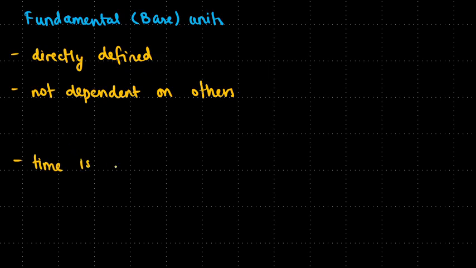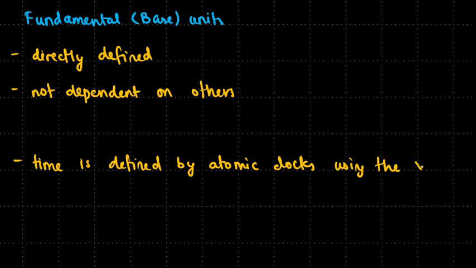The time, or second, is defined by atomic clocks using the vibration of cesium, which is an element, the cesium 133 atom. So the second is defined by a cesium 133 atom.